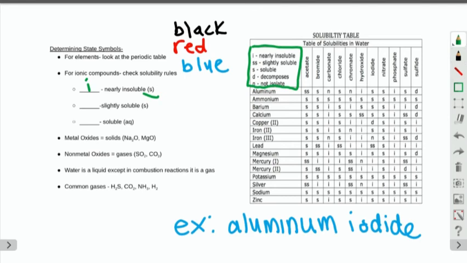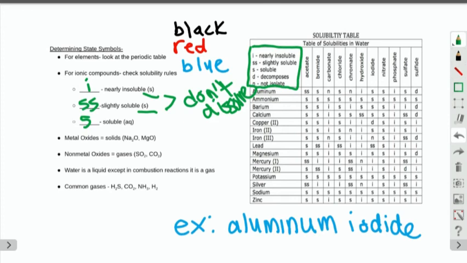If a compound says slightly soluble, which is SS on this table, it will be a solid. So that means that the solid you are dissolving into water does not dissolve. It's insoluble, so it will stay a solid. Soluble means that they do dissolve, so they will be aqueous. And in this table, soluble is just referenced as S.